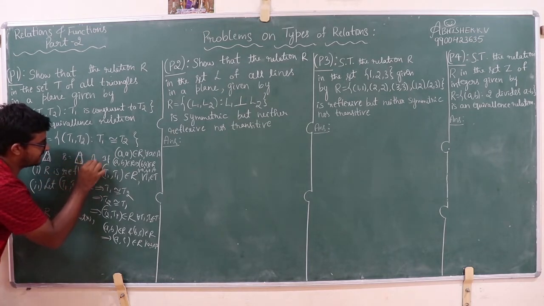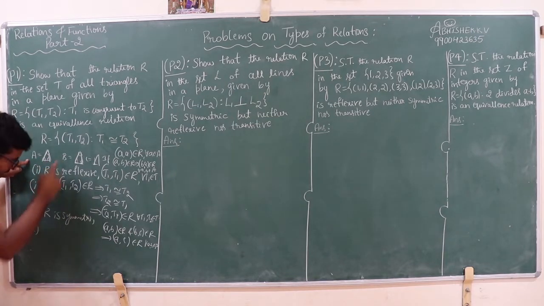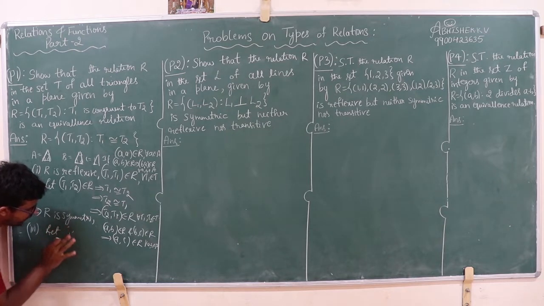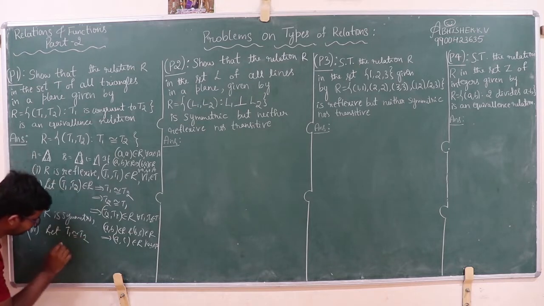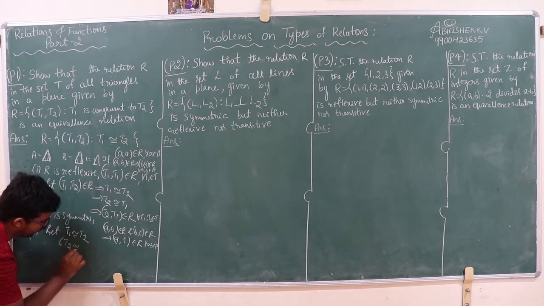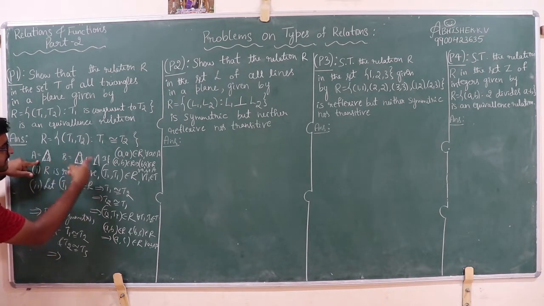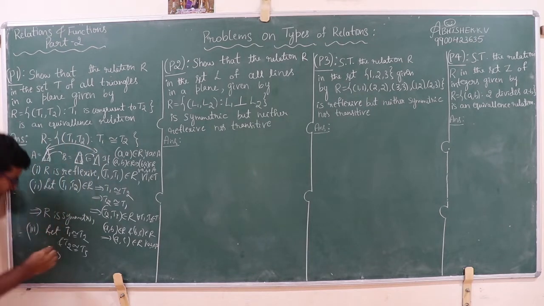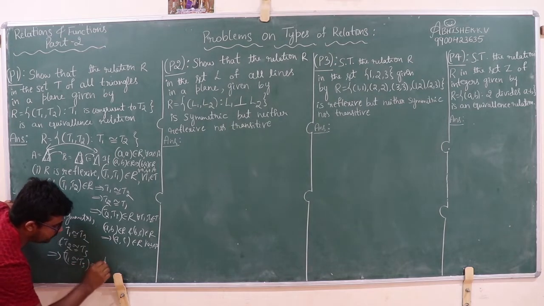Write another one, say C, another triangle. Let us consider A is congruent to B. That is, T1 is congruent to T2 and T2 is congruent to T3. It is obvious A is congruent to B, B is congruent to C. Then A is obviously congruent to C. That is, T1 is congruent to T3. This implies what?